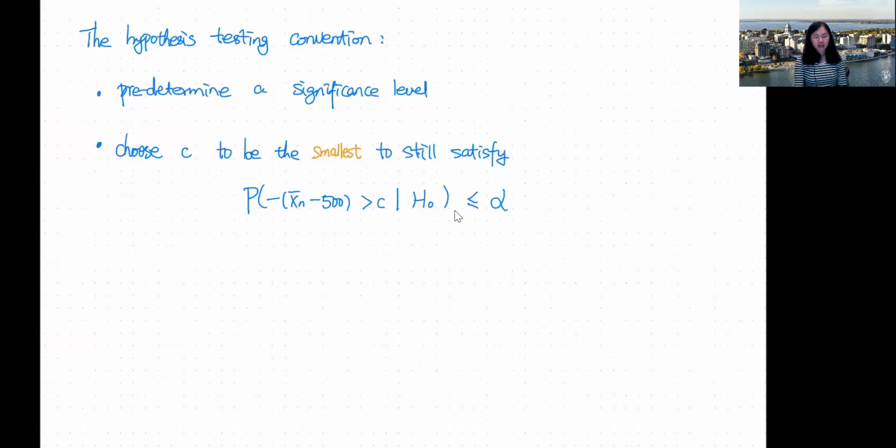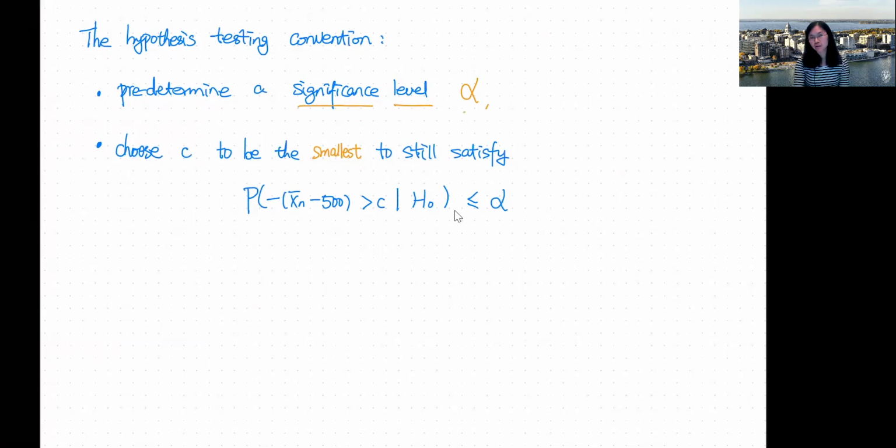The convention in hypothesis testing is as follows. By the convention, we need to predetermine a significance level. A significance level is basically a small number between 0 and 1, a small probability. You predetermine a significance level, say alpha.